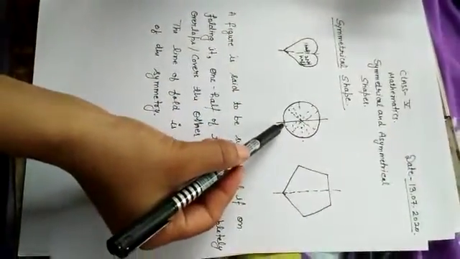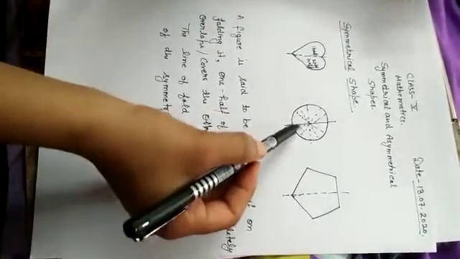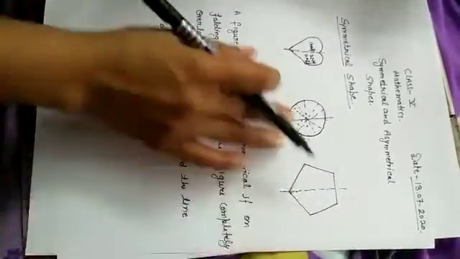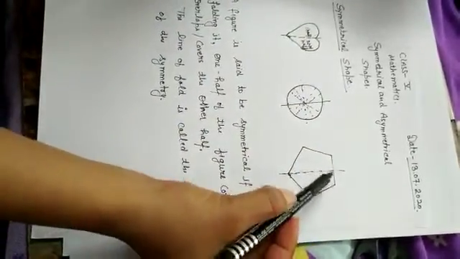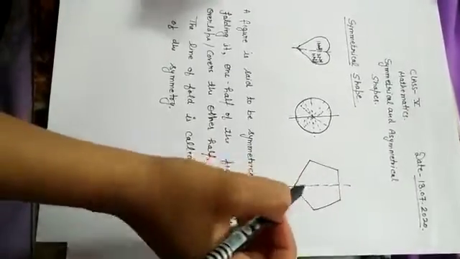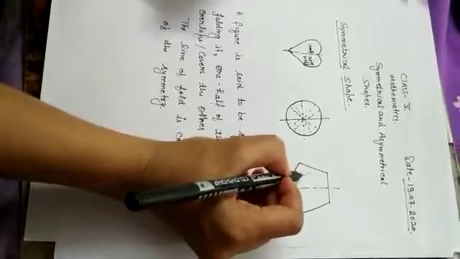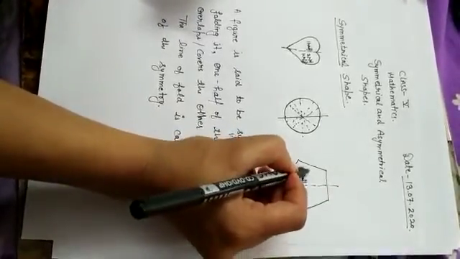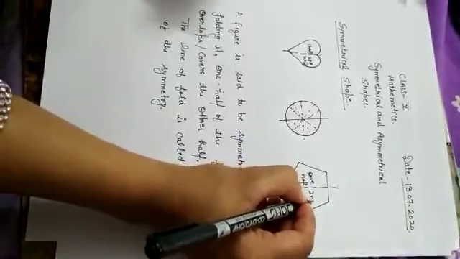So we can say that a circle has infinite lines of symmetry. Now a figure of a trapezium. When we fold it on the dotted line, we get one half covering the other half completely.